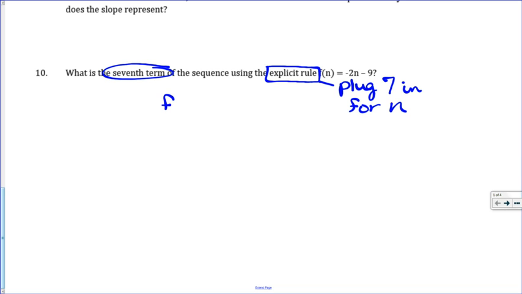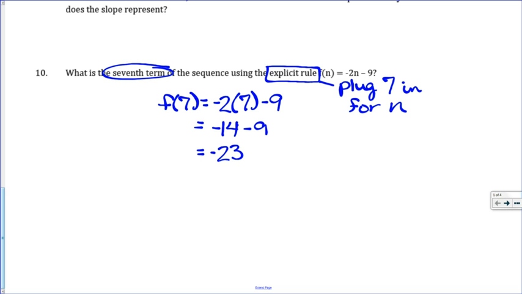So our equation is going to be f of 7 equals negative 2 times 7 minus 9. So negative 2 times 7 is negative 14, minus 9, negative 23. So the 7th term of this sequence would be negative 23.